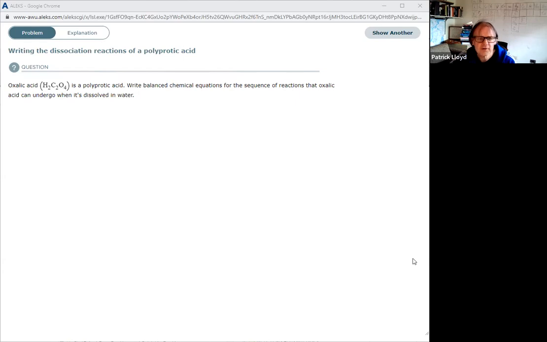Again, this is essentially the same kind of idea. This is H2C2O4, and we're going to put it into water. So you're going to get H plus. That's what an acid does, right? One way of looking at it is that acids in general will give off an H plus if you put them into water. And then we take one of the hydrogens off.